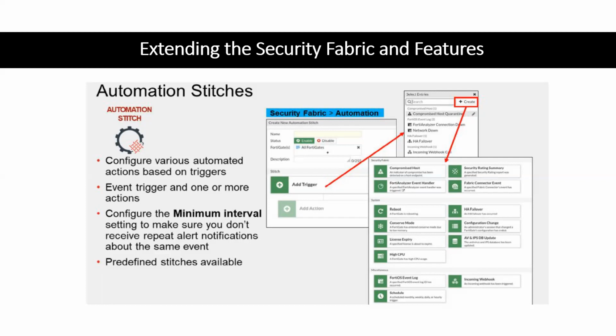With that minimum interval, it says, all right, I did it and I let the admin know it has been performed. If my Kivia doesn't approve the notification that it's happened, the automation stitch can say, hey, I'm going to perform this stitch again, and you're getting alerts.